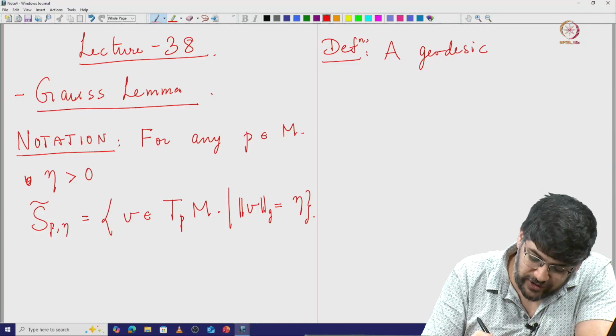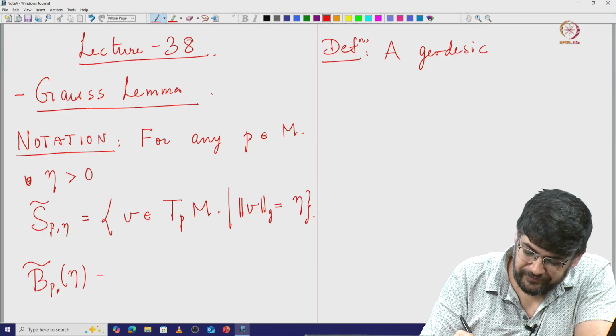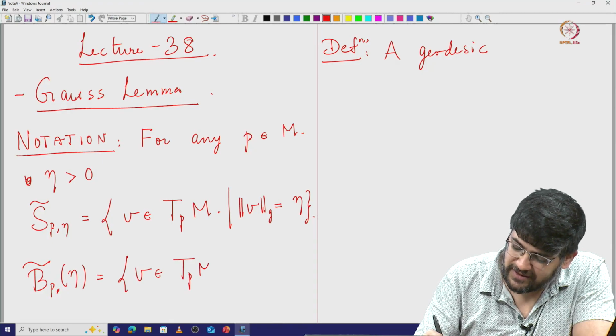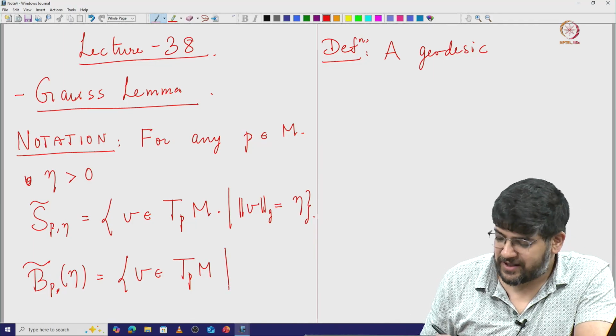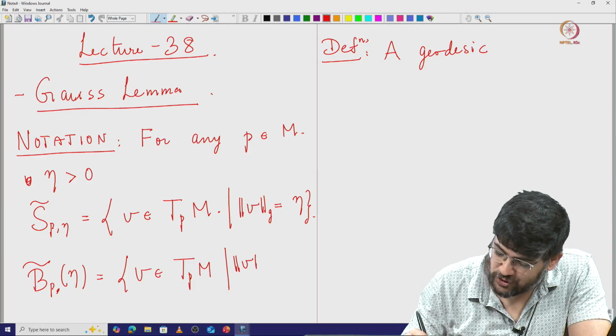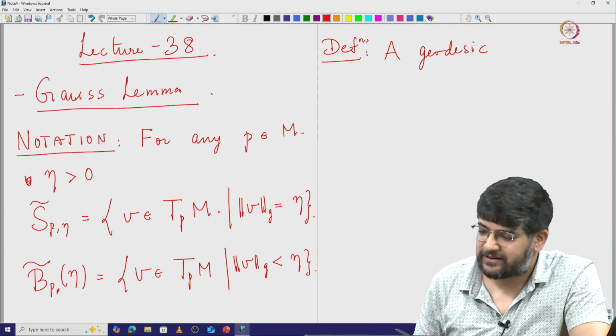So maybe I should also introduce this notation B tilde. This is the set of all tangent vectors such that this norm is strictly less than eta.